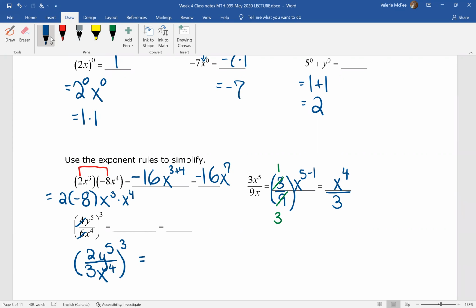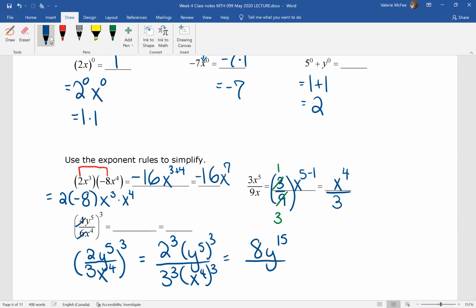Now, everything inside the brackets raised to the power of 3. Did you get 8 times y to the power of 15 all over 27, x to the power of 12? I hope so.